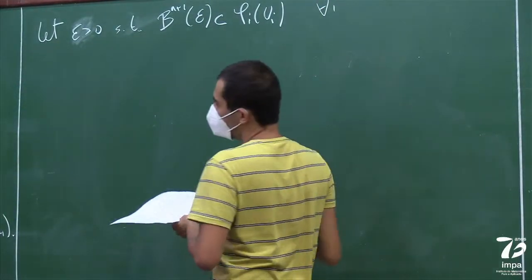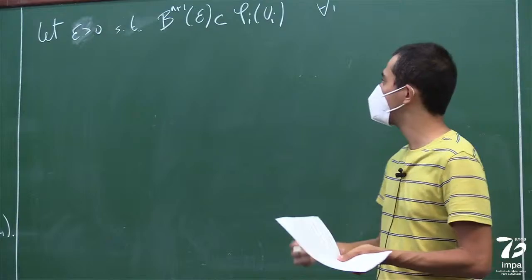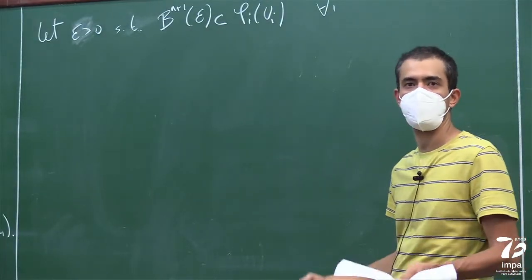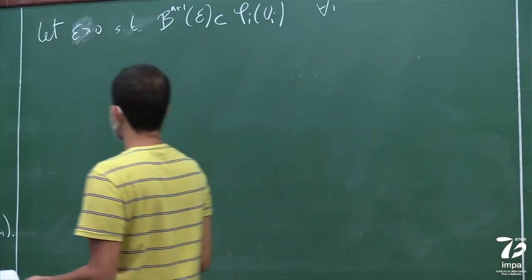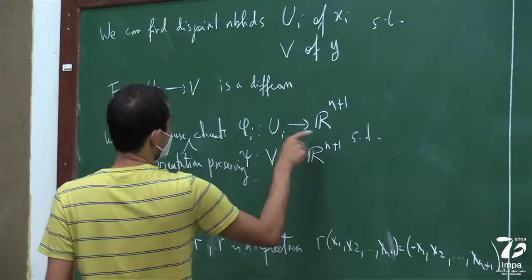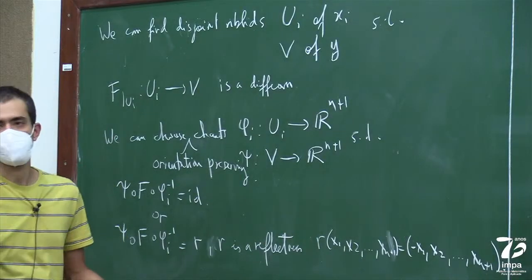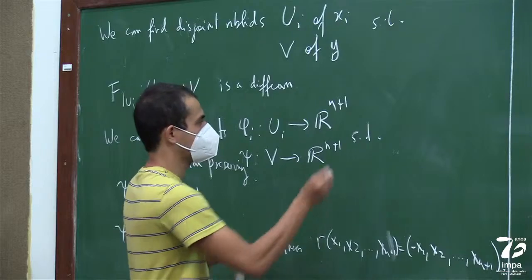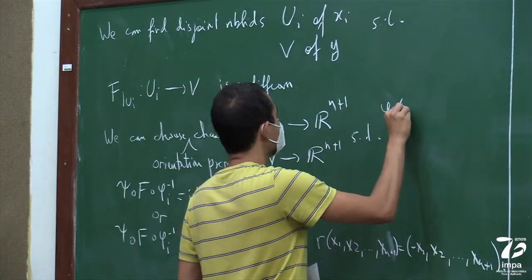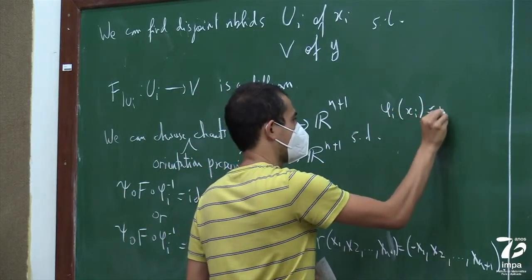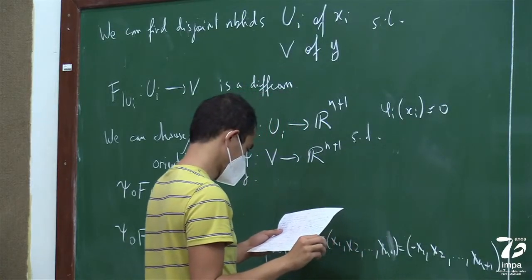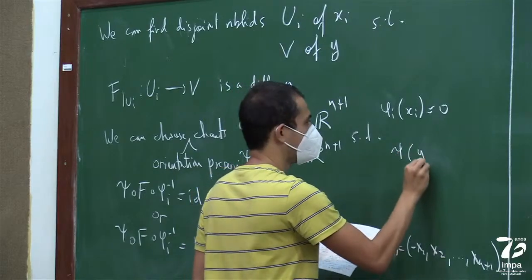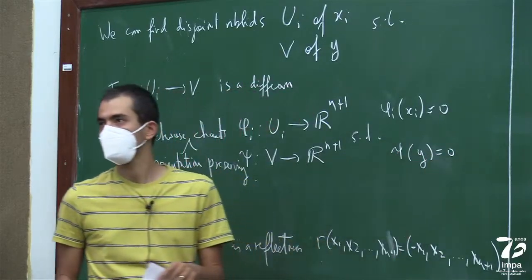And here, it doesn't matter if you choose 0 to be there and you take the ball centered at 0, or you just take a ball centered at some other point. You might as well assume that the image of your x_i is 0, and you take the ball centered at 0. But you see, it doesn't really matter. But maybe we can assume that phi_i of x_i is 0, and maybe psi of y is 0. Okay.